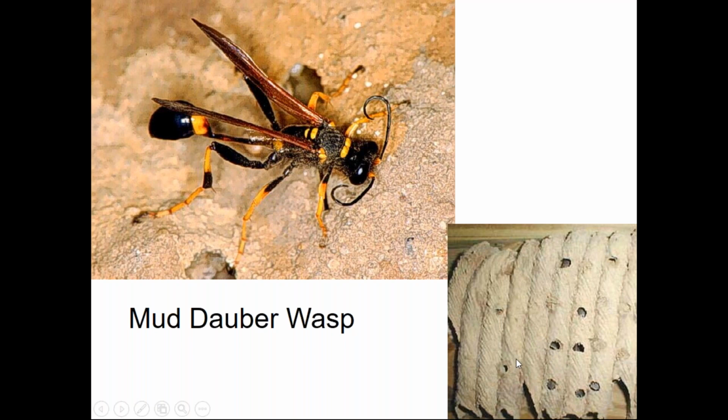Inside this mud formation, they will stuff small paralyzed spiders. So it's kind of a smaller version of the tarantula hawk story I just told you about. And they'll lay a few eggs in there, and then the eggs will hatch and they'll feast on the paralyzed spiders and other insects that are stuffed into those holes.